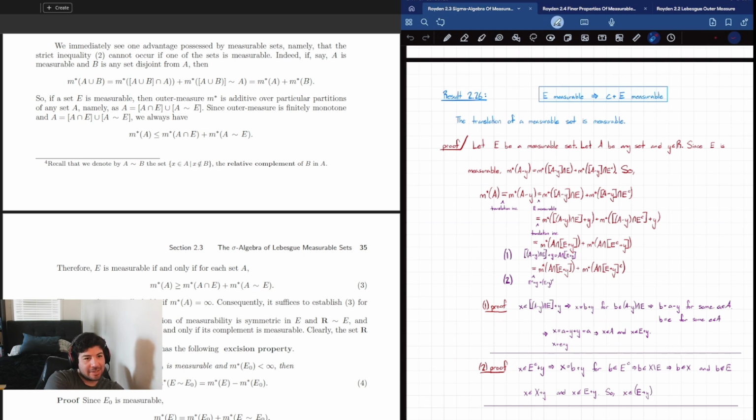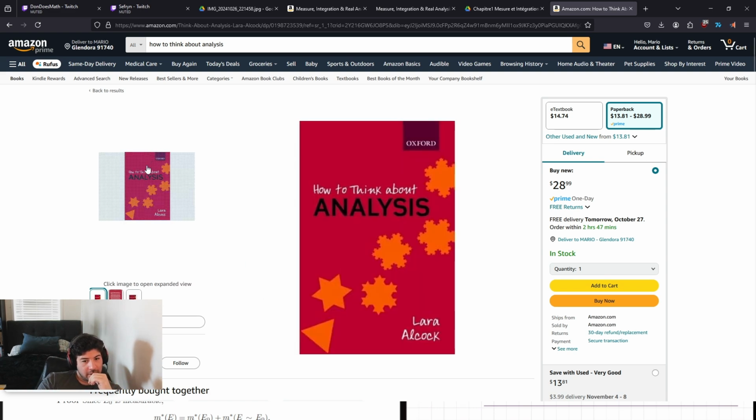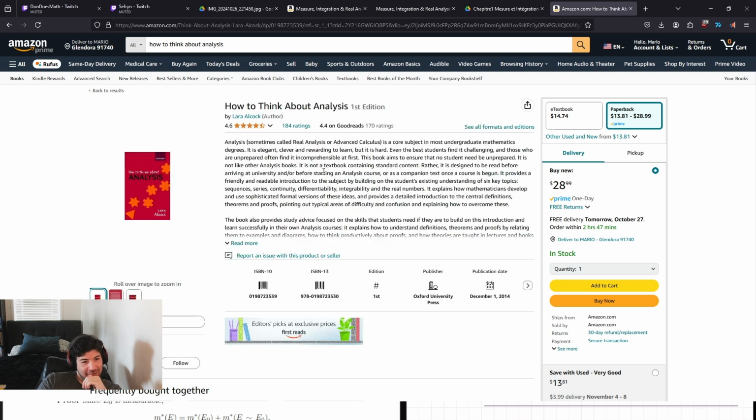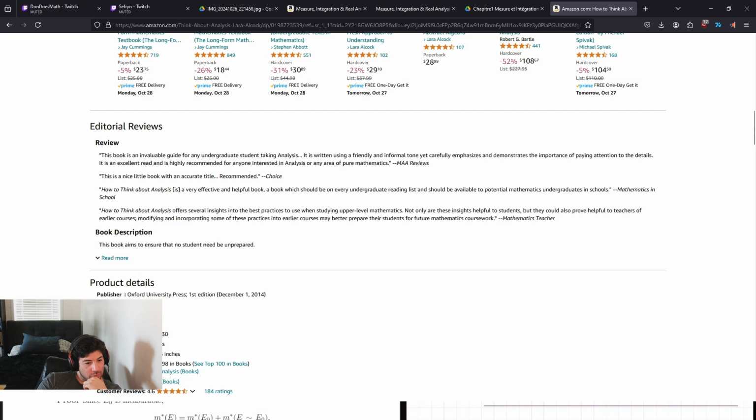How to think about analysis. Interesting. Only $28. I hate that it has two names. By the way, this makes me so mad: advanced calculus or real analysis. That has caused so much confusion for me. How many pages is this? 272. Holy moly.